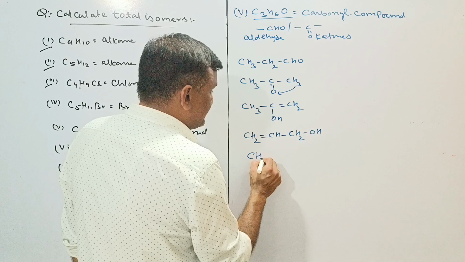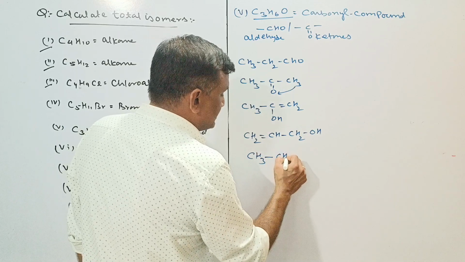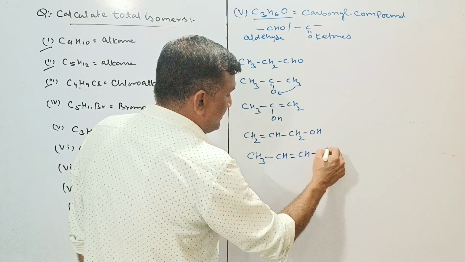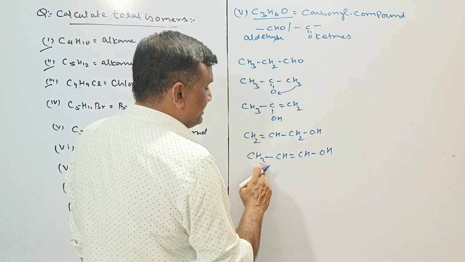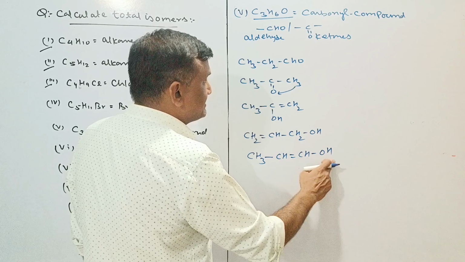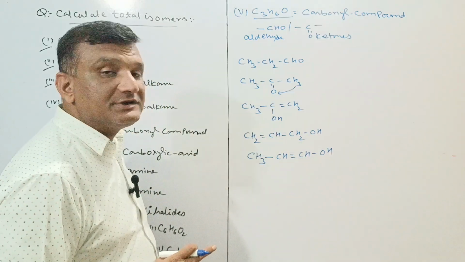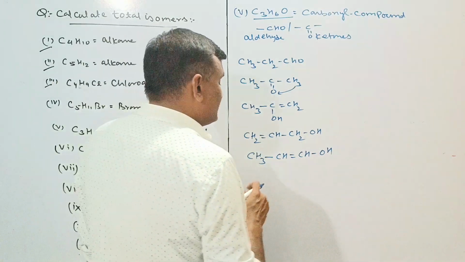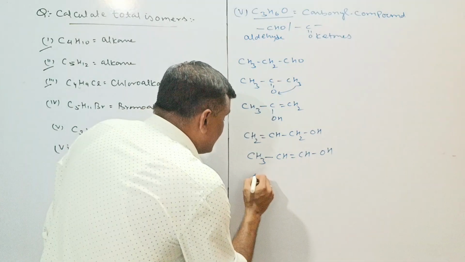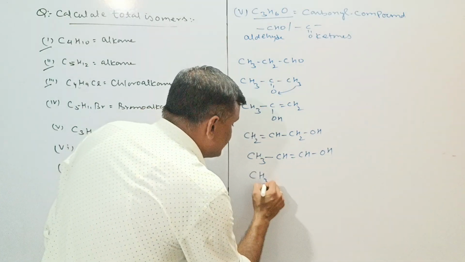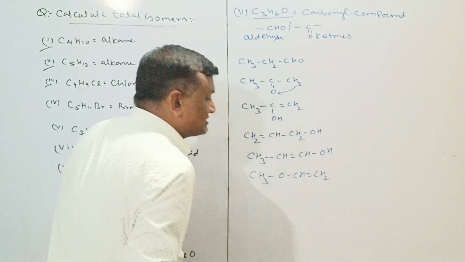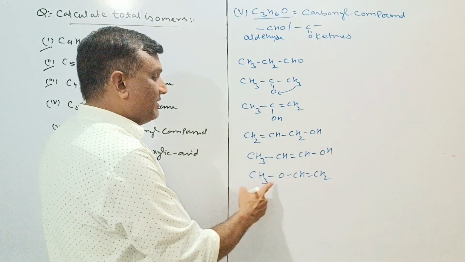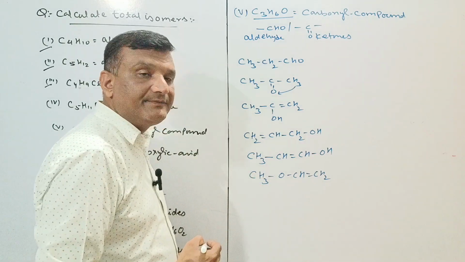This is the CH3, CH=CHOH, 1, 2, 3 carbon atoms, 6 hydrogens, and one oxygen. Now the time to discuss the unsaturated ether. This is the CH3, OCH=CH2. This is the unsaturated ether. Once again, 3 carbon atoms, 6 hydrogen atoms.